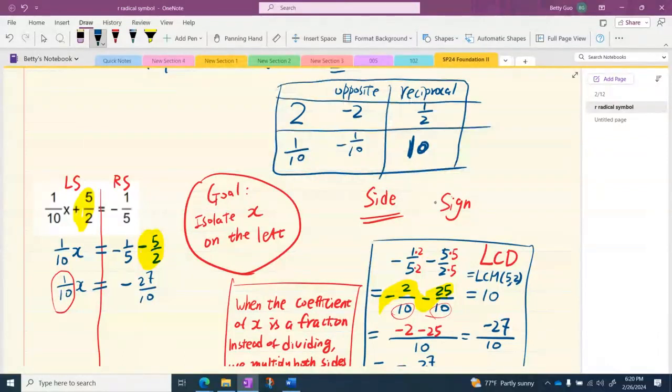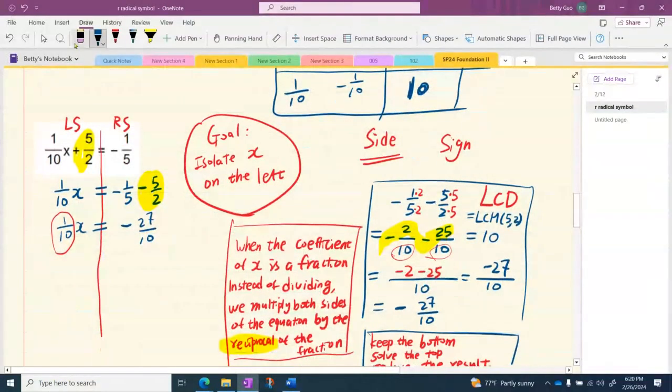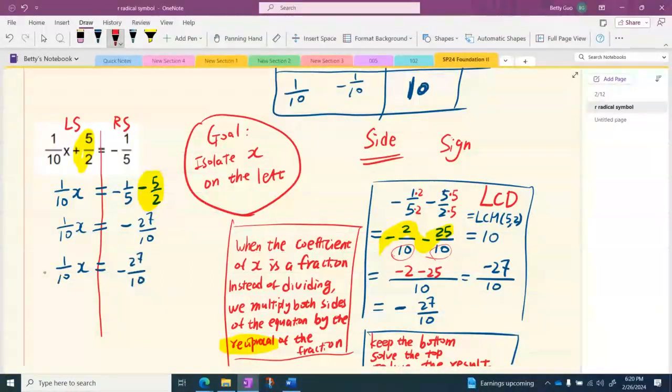All right, we know the reciprocal is 10 right now. As the rule says, instead of dividing, we are going to multiply, using the multiplication property of identity. We are going to multiply each side by 10, or 10/1. 10/1 is the same as 10, right?